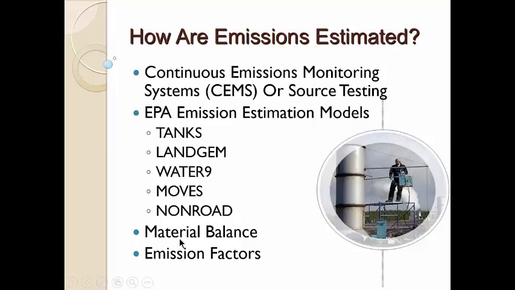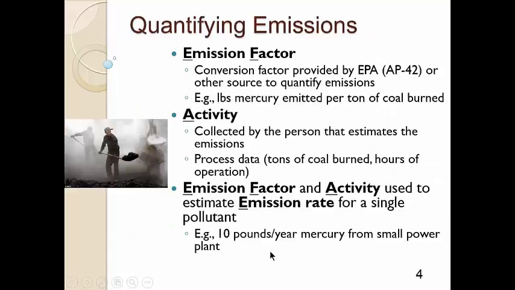And the simplest way, which is the way most of TEISS works, is just using emission factors. And emission factors are basically a conversion for a particular pollutant. So for example, just for mercury, for a particular type of thing burned, which is a process, how many pounds of mercury are emitted per ton of coal?